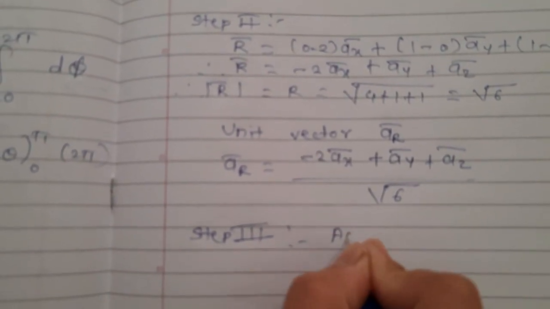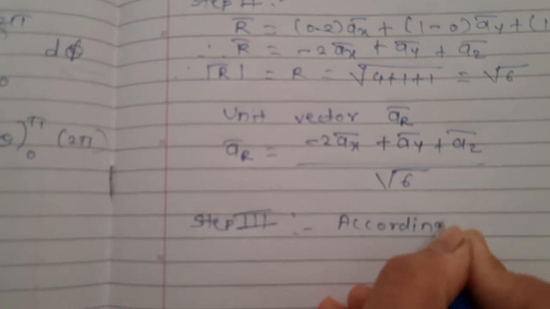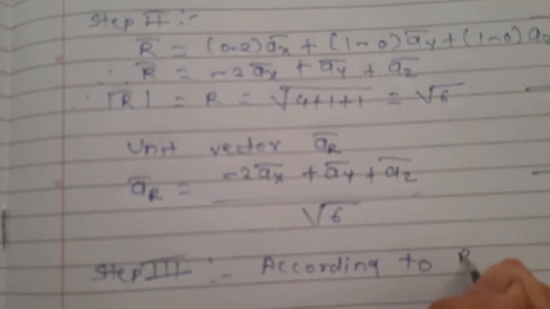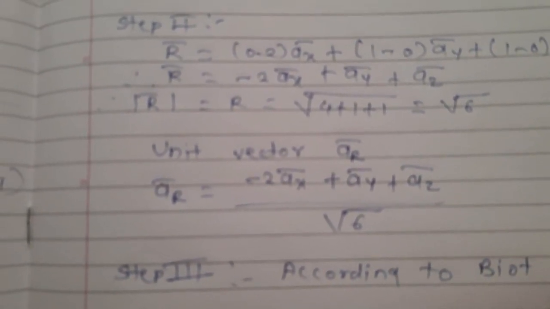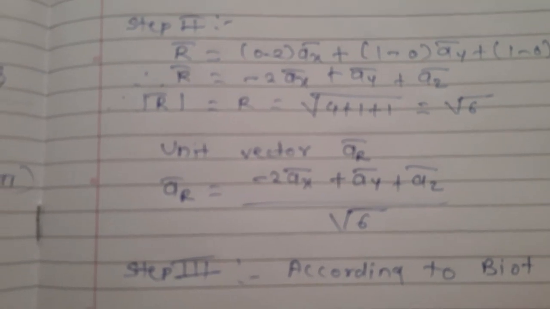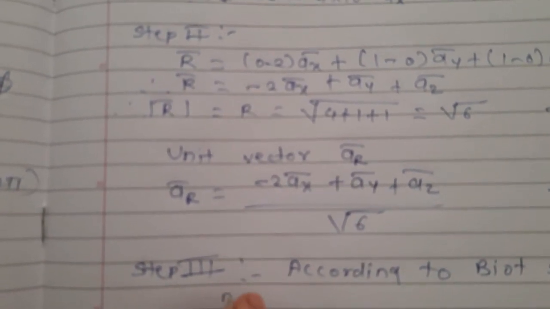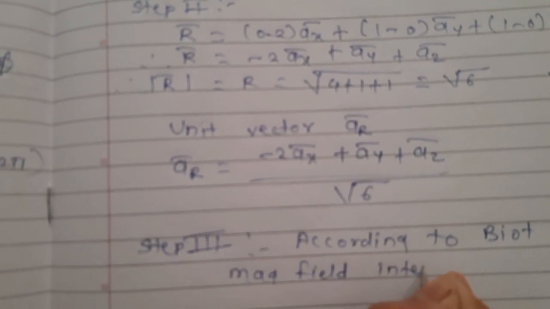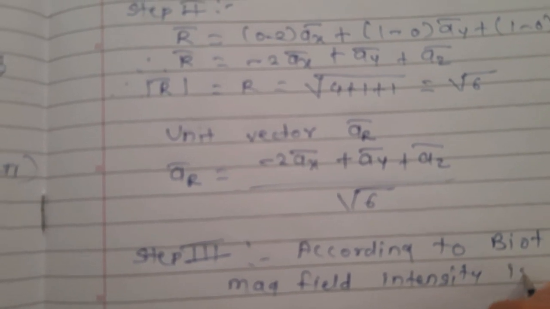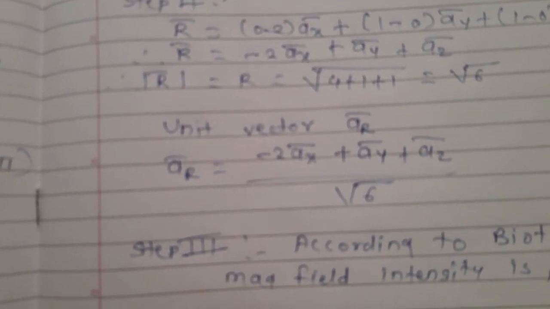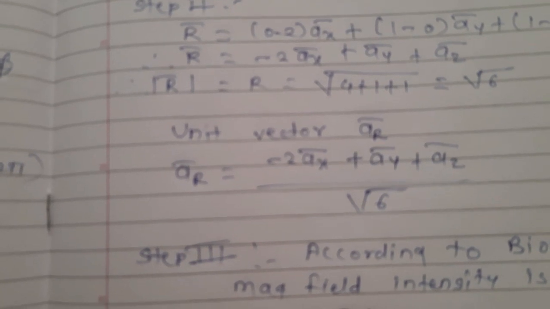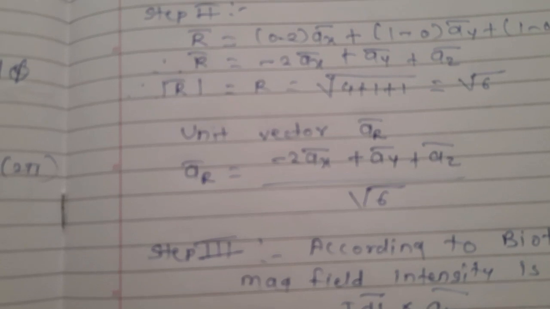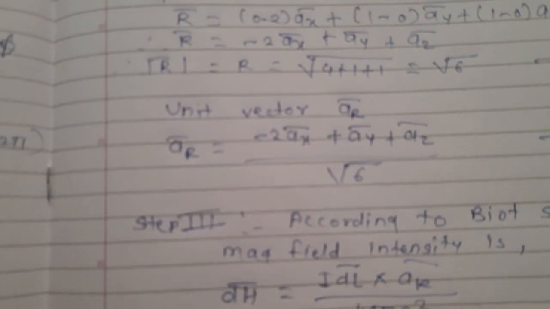So according to Biot-Savart's law, magnetic field intensity is given by dH bar is equal to I dL bar cross AR bar divided by 4 pi R square.